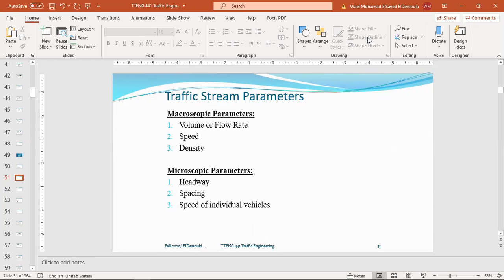On the other hand, we have the microscopic parameters, which are on an individual vehicle basis: the vehicle headway, the spacing, and the speed of individual vehicles.